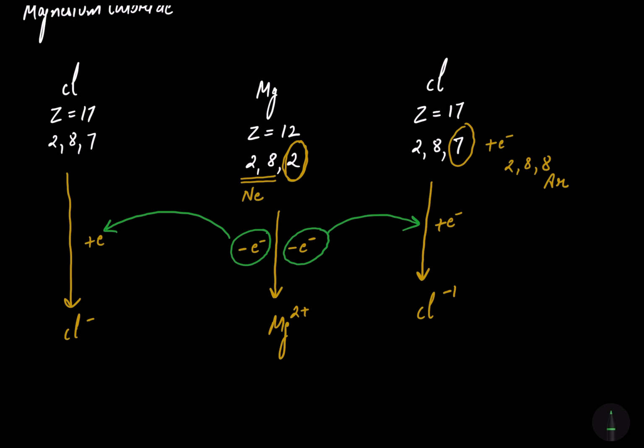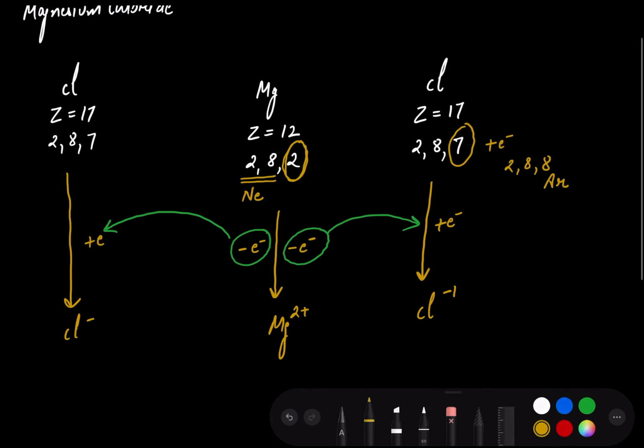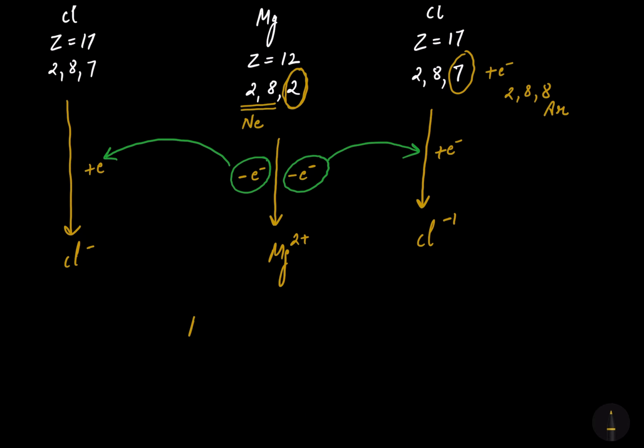So what we got is 1 magnesium 2 positive cation and 2 Cl 1 negative anions. So the formula unit comes out to be MgCl2 for magnesium chloride.